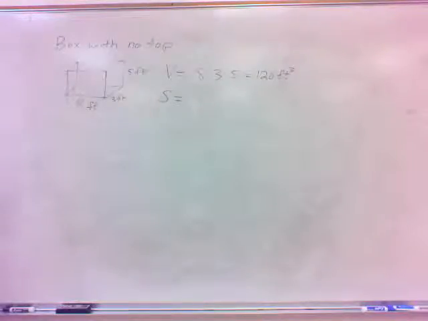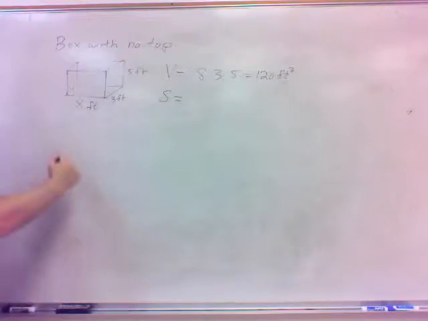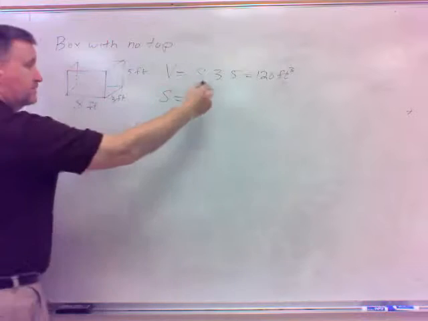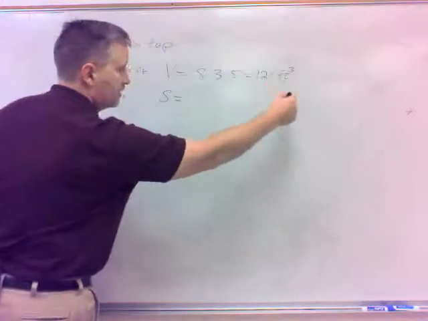Now, in this case, since I'm missing the top, how many surfaces do I actually have? I usually have 6, but since I don't have a top, there's only 5. So you've got to factor that in. What that means is when I go to my formula, it's usually 2 times the length times width, and so forth.